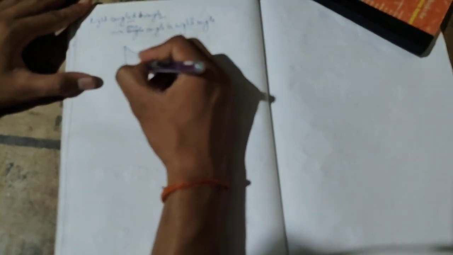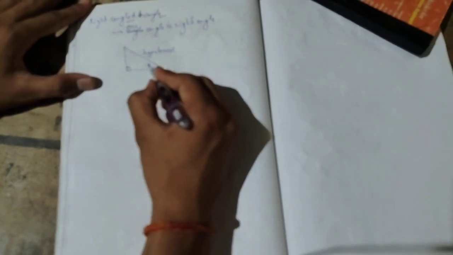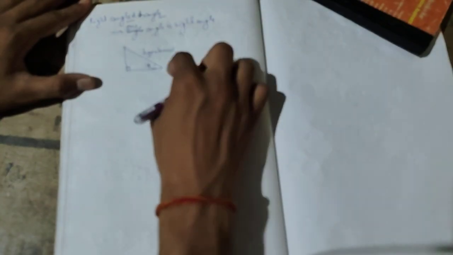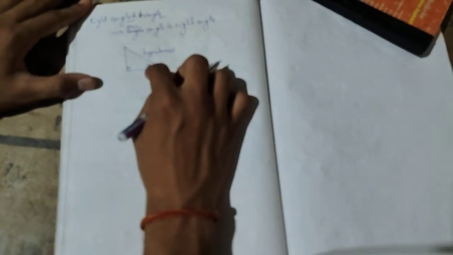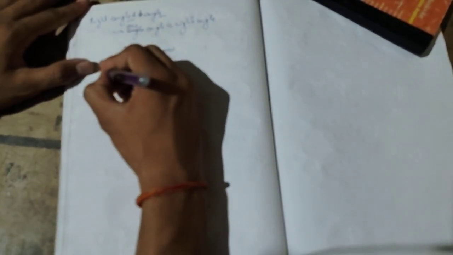So now we are defining something: the longest side, opposite of the right angle, is called the hypotenuse. And opposite of what we have theta, because it is important how we define things, opposite of this angle we call that opposite, in simple terms, or we can say perpendicular.